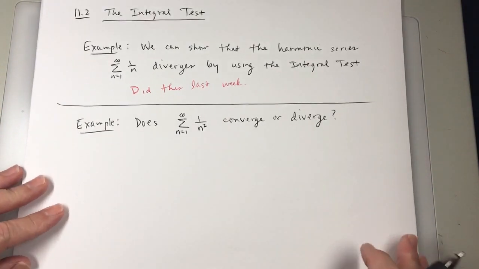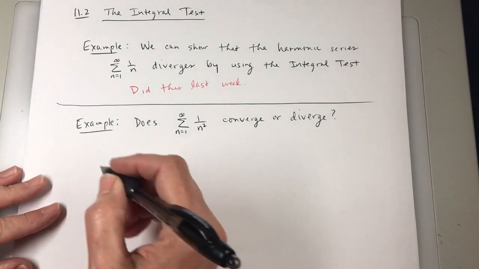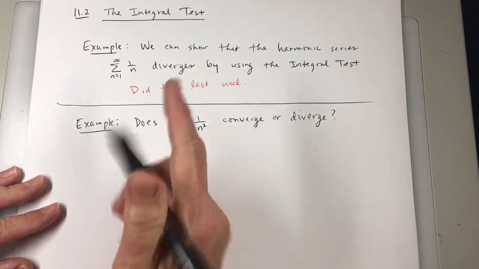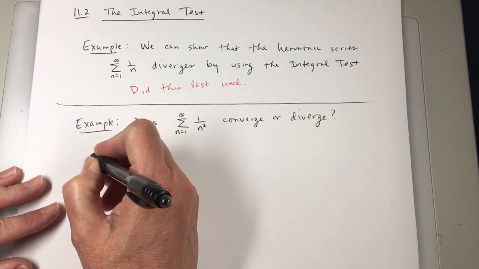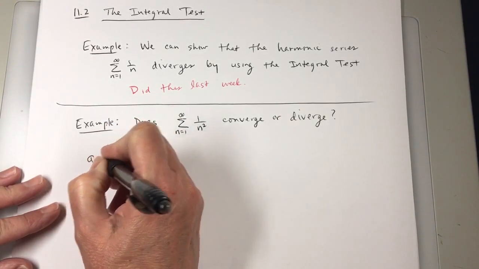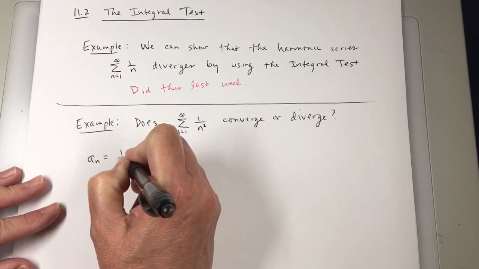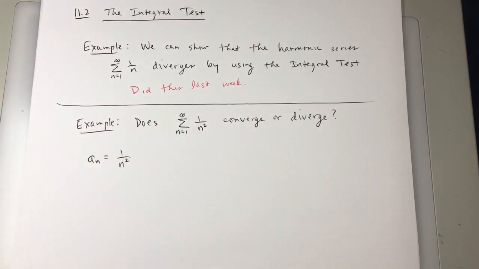And so what I'll do for this is, the sequence a sub n is 1 over n squared. Now that's different from the series, but there's my little sequence.